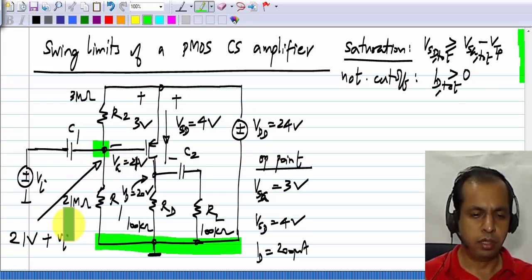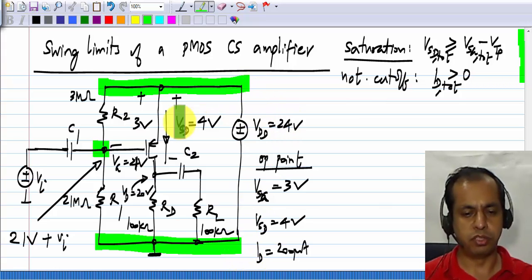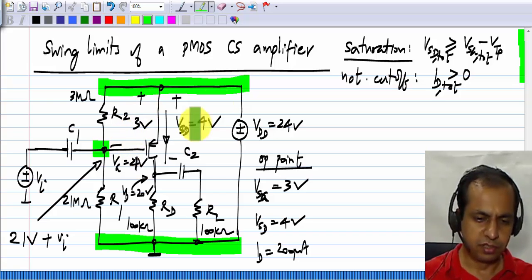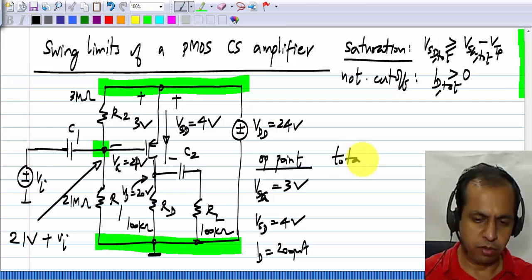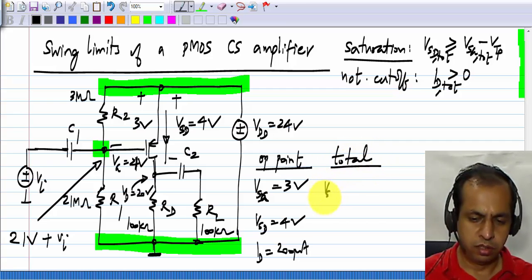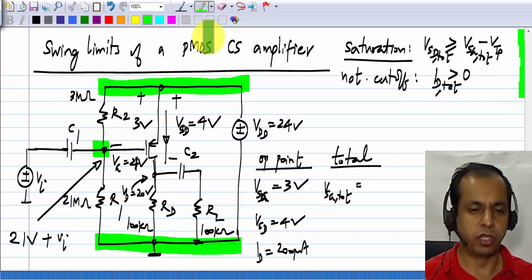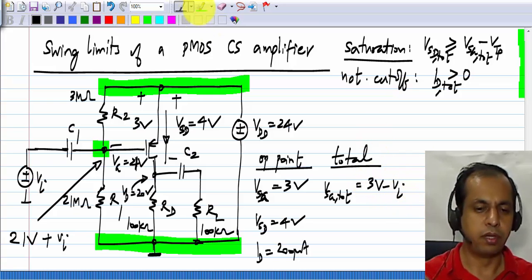Now this point is 24 volts above the ground because of the power supply. So VSG, if you calculate the total quantity, is 24 volts minus the gate voltage, which tells you that it is 3 volts minus Vi.